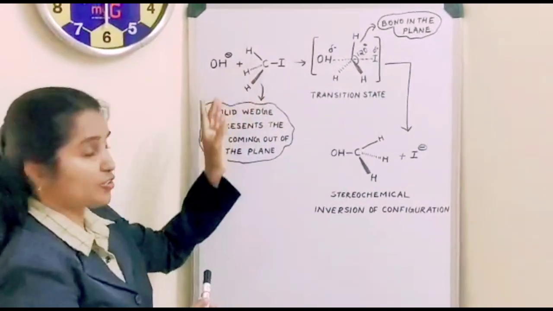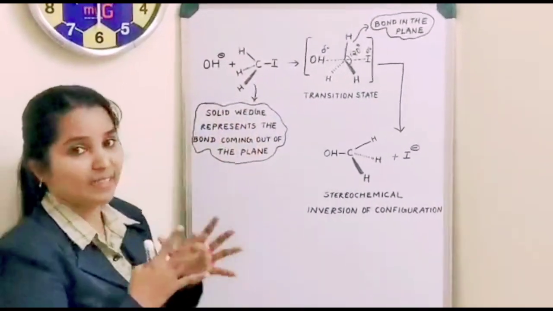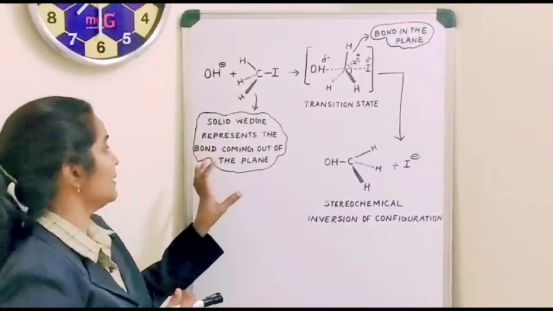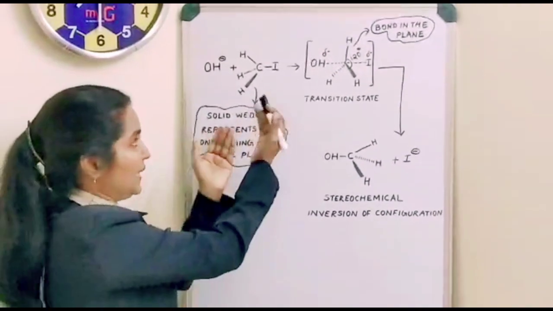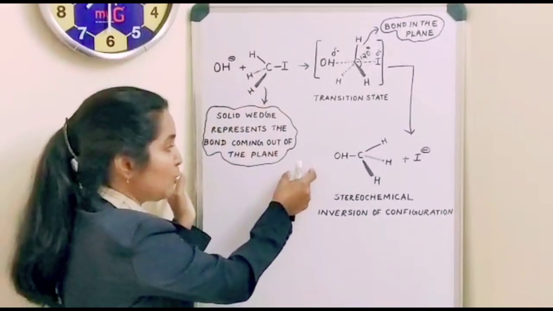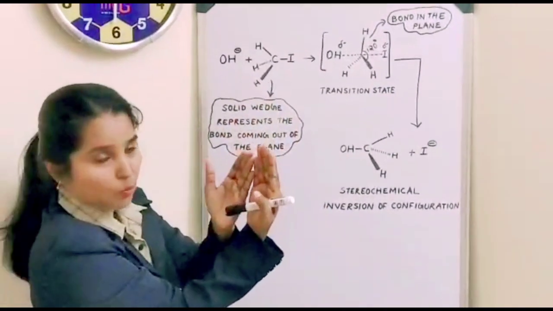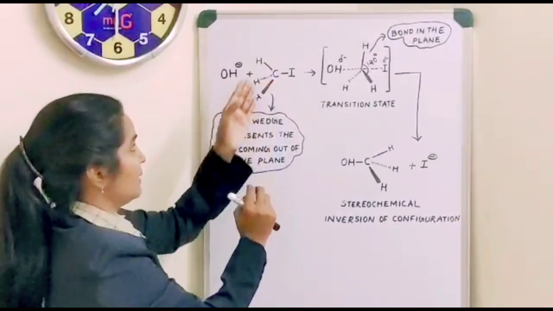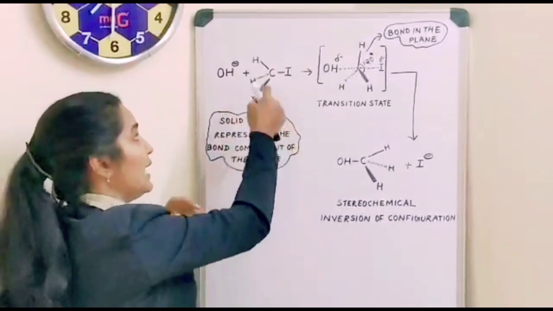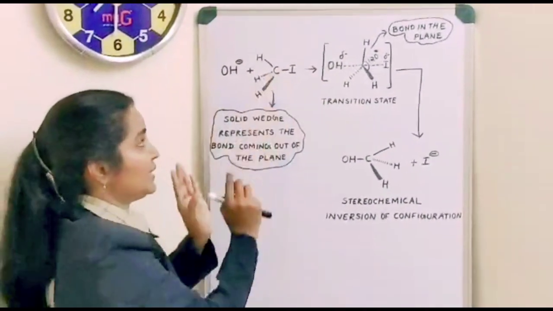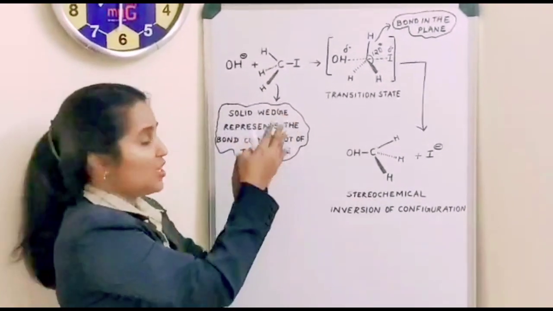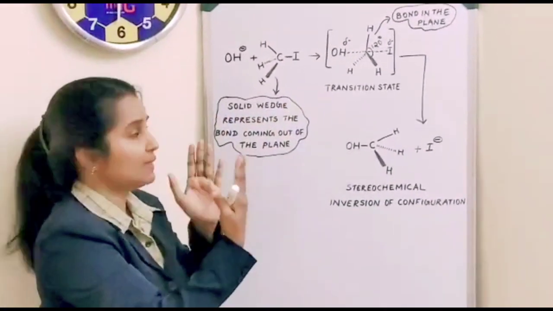The hydrogen atoms are explained in a three-dimensional manner. The hydrogen with the solid wedge represents the bond coming out of the plane of the board. The hydrogen shown with a single line is in the plane of the board. And the hydrogen connected with a dashed line is going behind the plane of the board. That is the three-dimensional arrangement shown here.